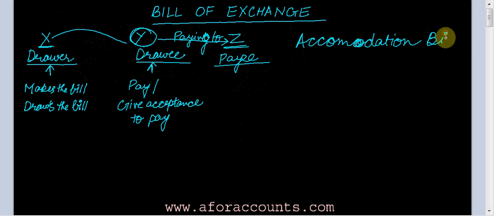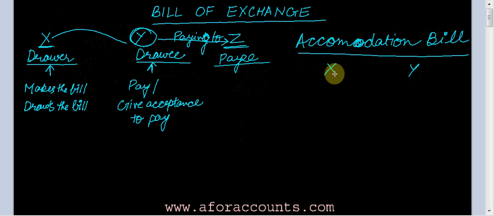Accommodation bill. What is an accommodation bill? A bill drawn and accepted for mutual help, or when you are in need of money, X draws a bill on Y and then they get it discounted with the bank.